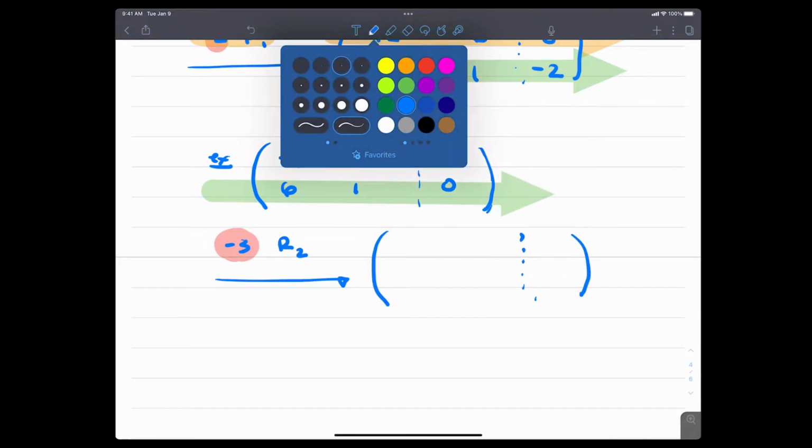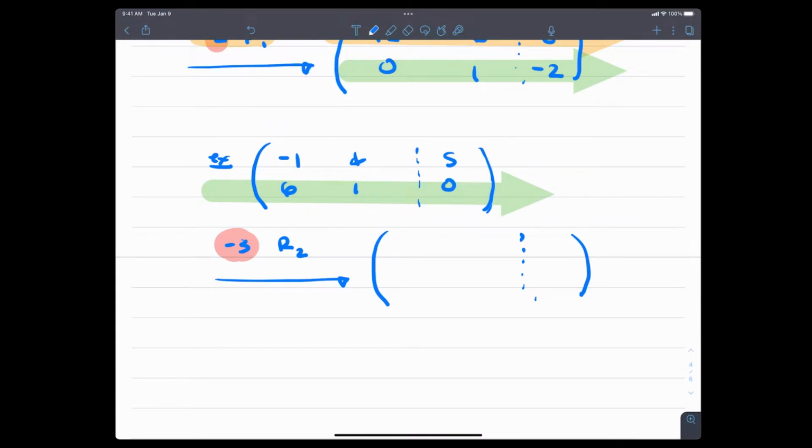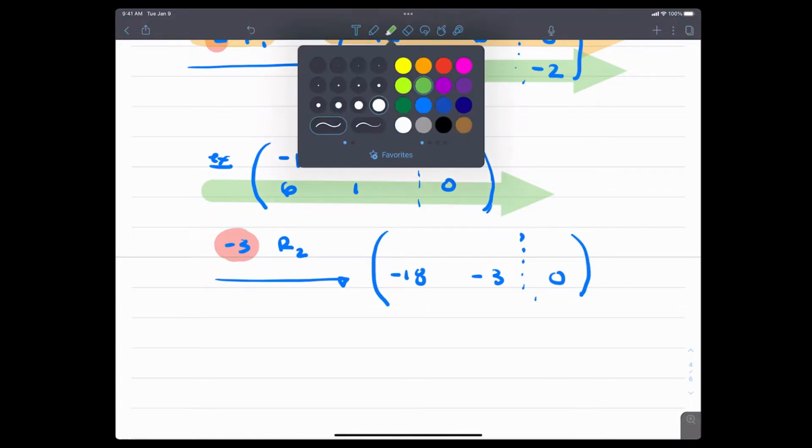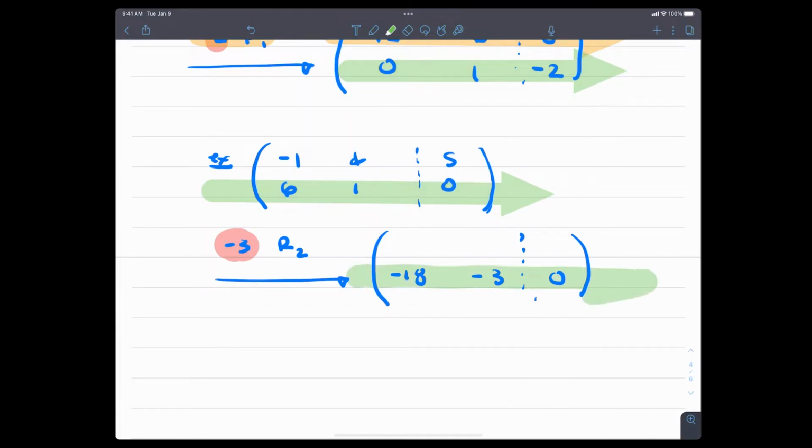Okay, so what do you get now? What's the first entry now? Negative 3 times 6 is negative what? Is that negative 18? What's negative 3 times 1? What's negative 3 times 0? So, ladies and gentlemen, this is your new row number 2. Okay? Row 1 stays the same.